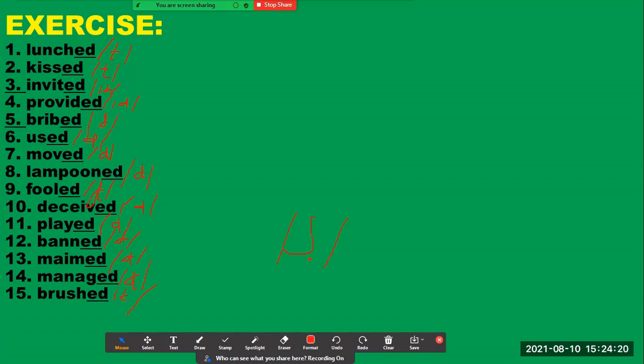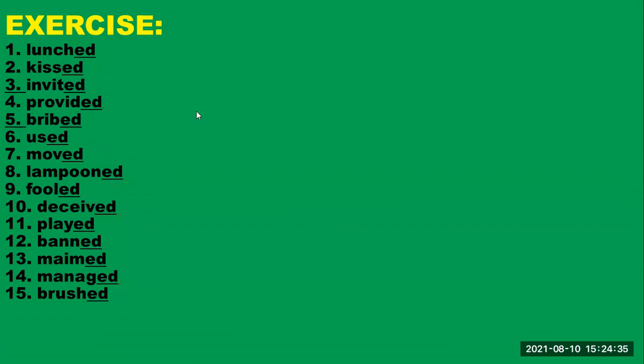And you can notice the rule that when the consonant that comes before... let's restate the rules so you can see.